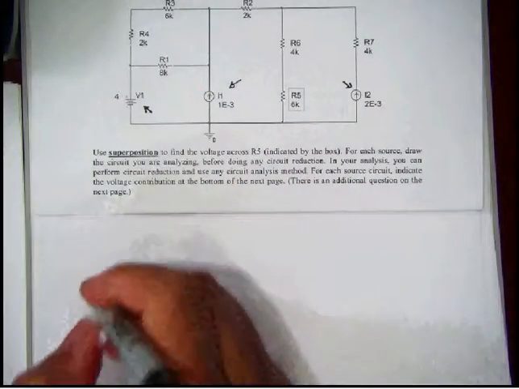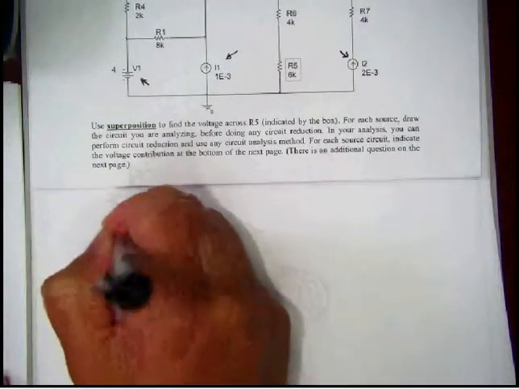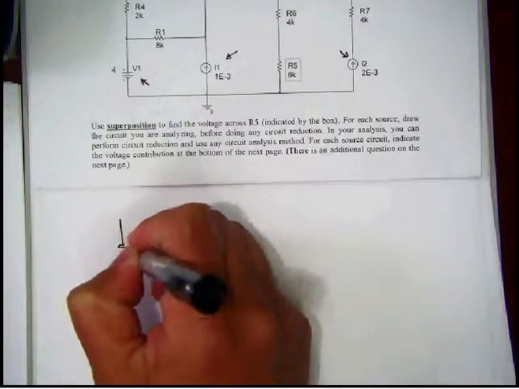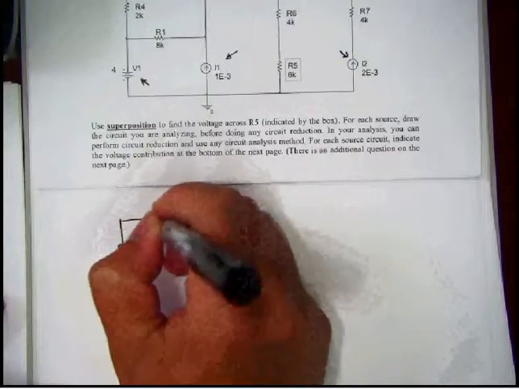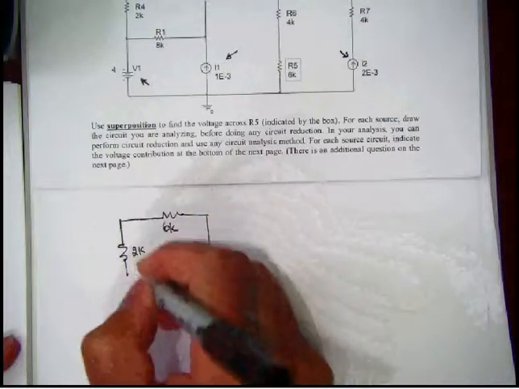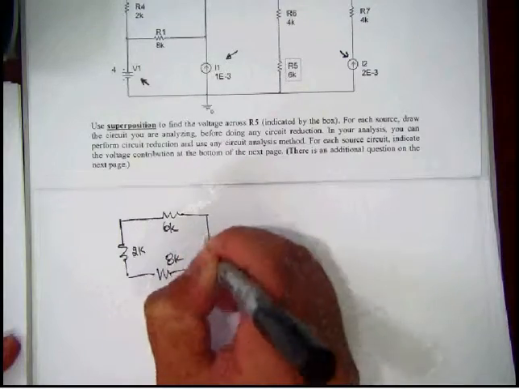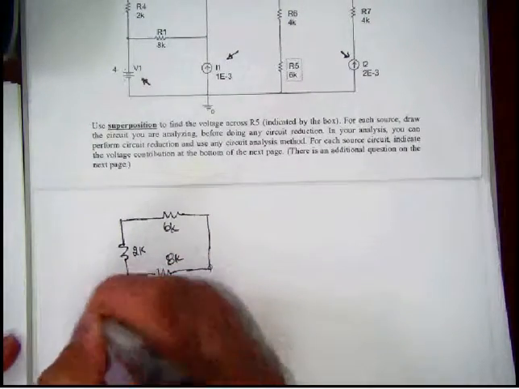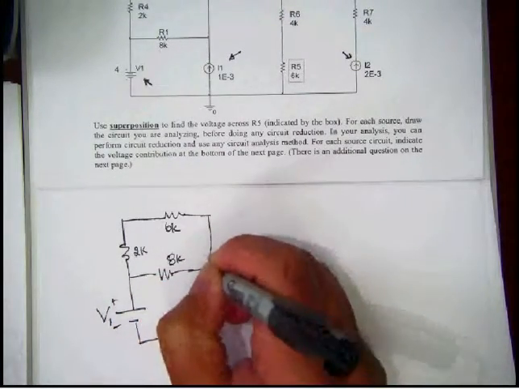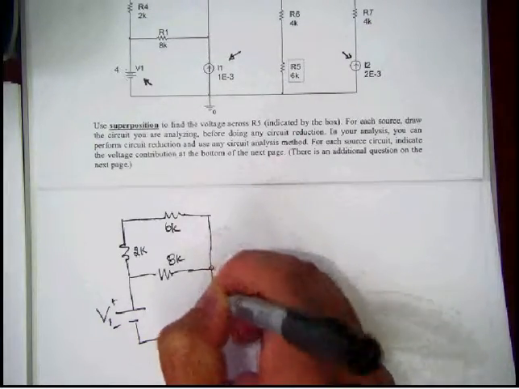So here we go. I'm just going to put the actual numbers because it'll go faster. Again, this is a test, so speed is important. We're keeping V1 turned on. But now the current source here is going to be turned off, so this turns into an open circuit.